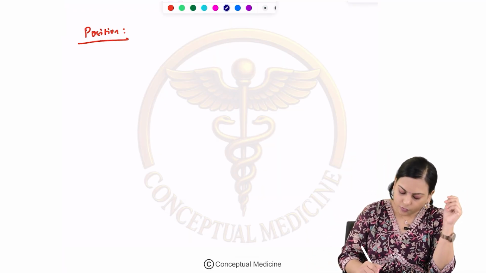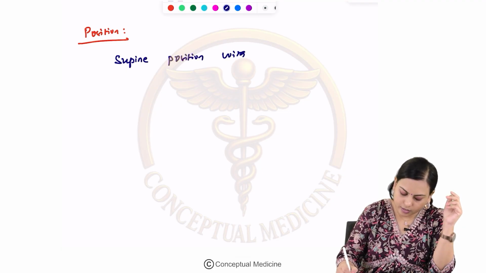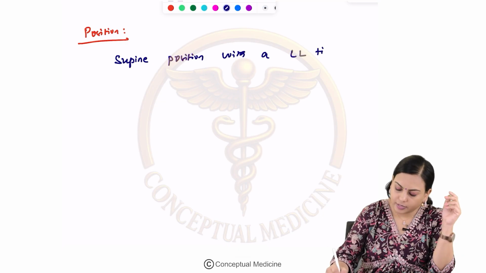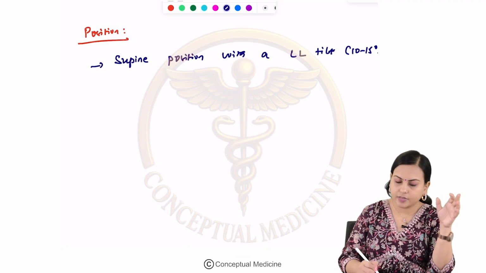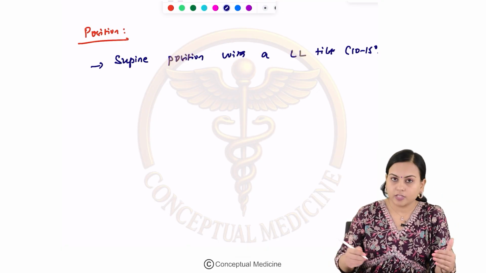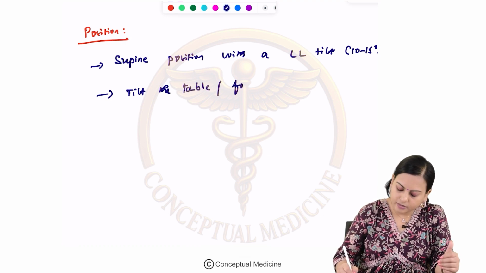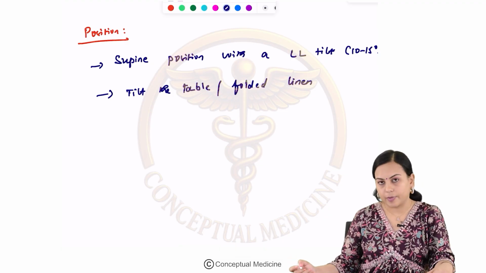Mostly we will be giving the patient a supine position with a left lateral tilt of at least 10 to 15 degrees. This is to prevent aortocaval compression by the gravid uterus. For this we can either tilt the table laterally or place a folded linen under her lower back, right side.